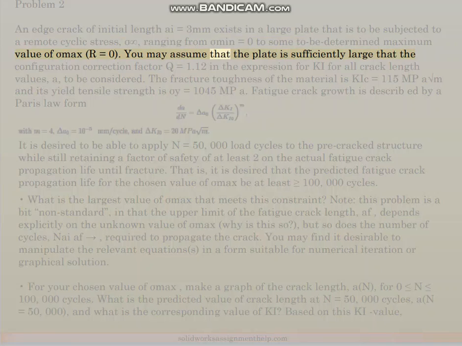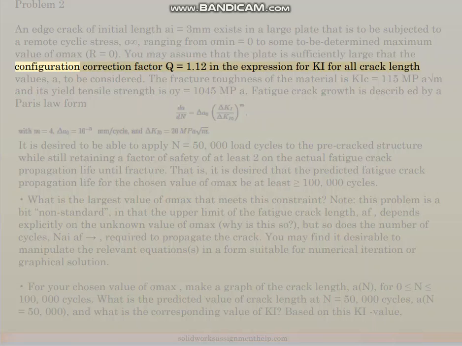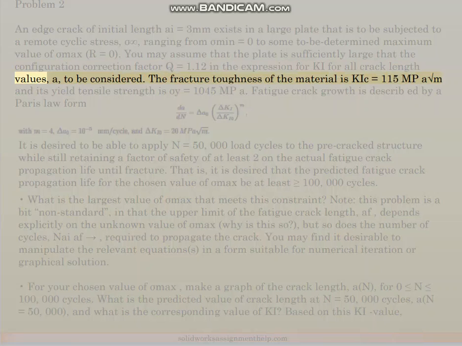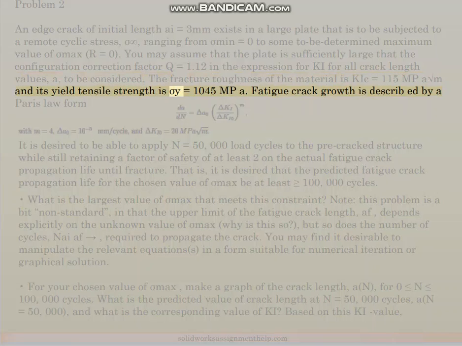You may assume that the plate is sufficiently large that the configuration correction factor Q equals 1.12 in the expression for Ki for all crack length values, a, to be considered. The fracture toughness of the material is KIC equals 115 MPa square root m and its yield tensile strength is sigma y equals 1045 MPa.